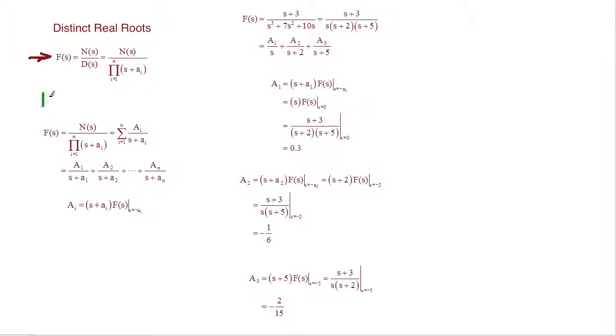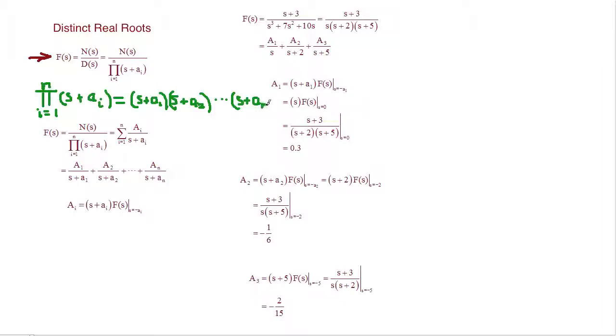If we write down the pi, or the product, i goes from 1 to n of s plus a_i, what we mean is that it's equal to s plus a1 times s plus a2, times, keep on going, all the way to s plus a_n.